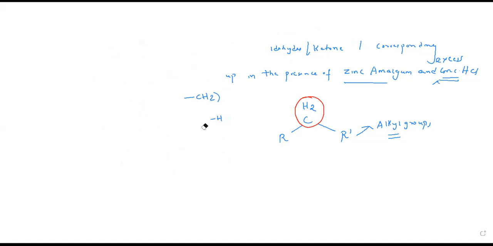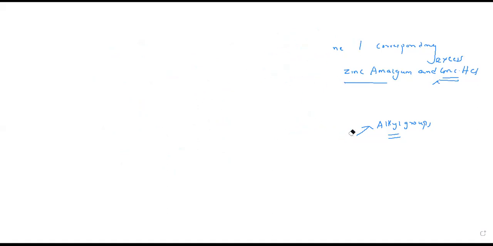I'll erase everything here so I can explain the mechanism very clearly. Right. Now my objective is to explain how to convert a carbonyl group into a methylene group, that is CH2. That is what we have observed in the reaction now.